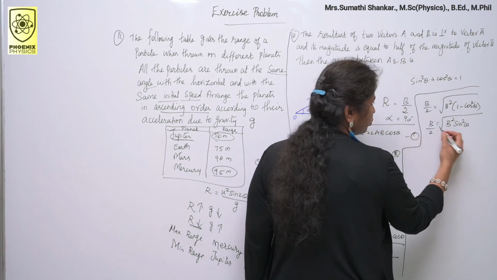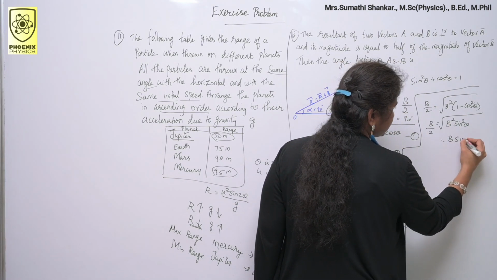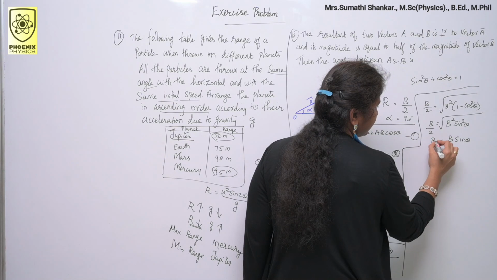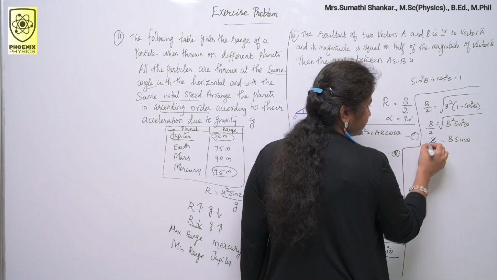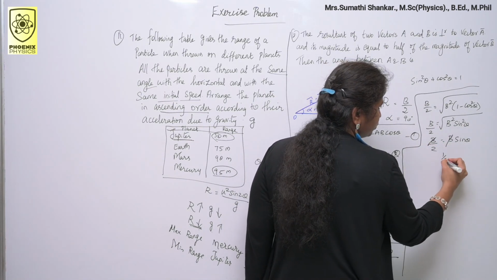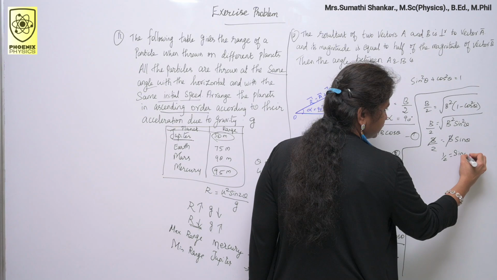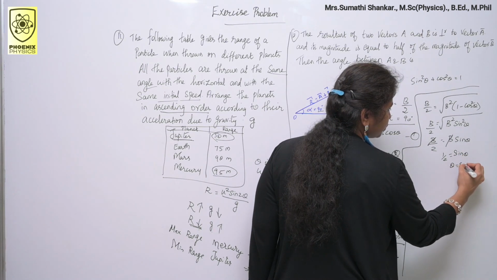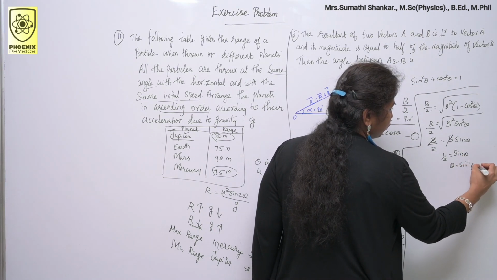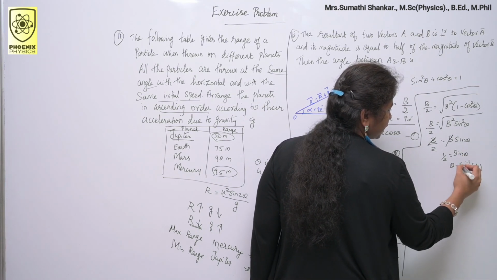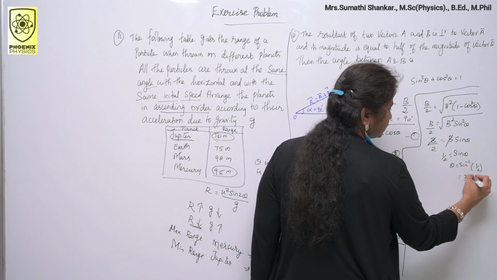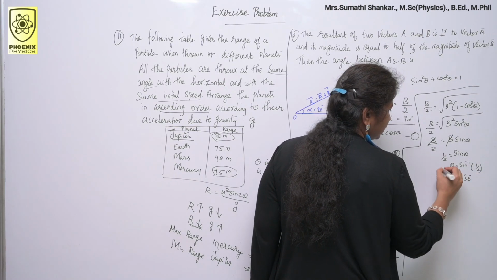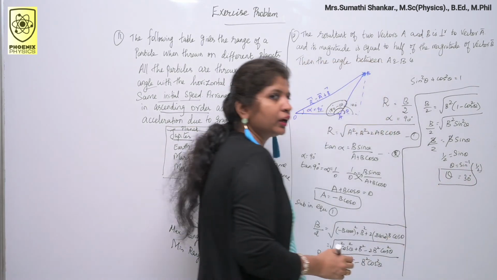Take it from the root, so B sin theta is your answer. Here I have B by 2. Cancel B, so 1 by 2 equals sin theta. Then theta is equal to sin inverse of 1 by 2, which is nothing but 30 degrees. Finally, we found the theta value.